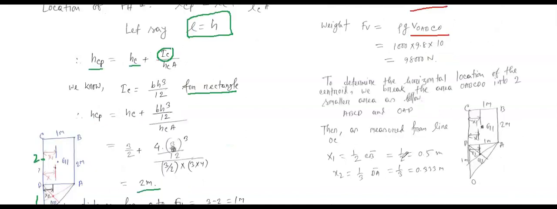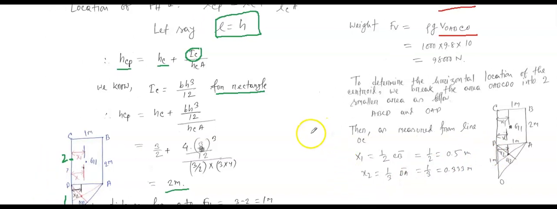So now what we will do, we will calculate the corresponding distance. So to determine these horizontal locations of the centroid, we'll break this whole domain into two small areas, like a rectangle and a triangle.